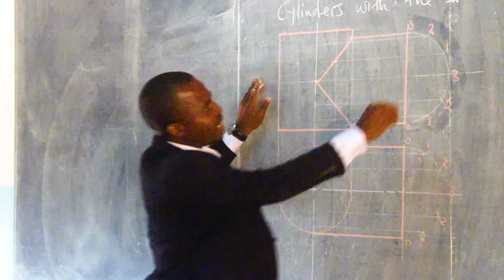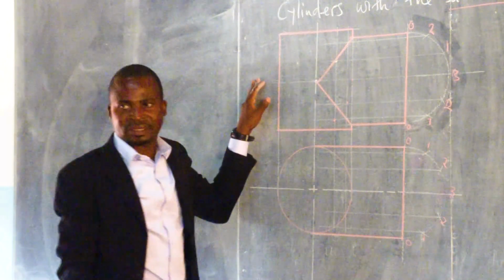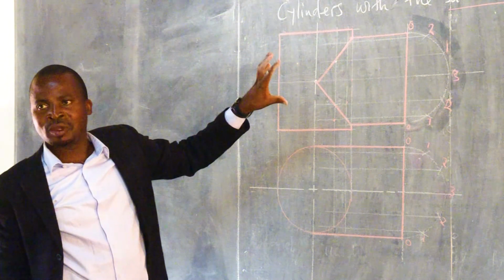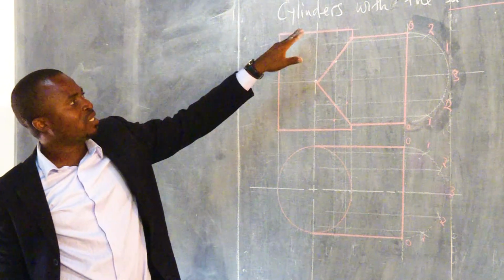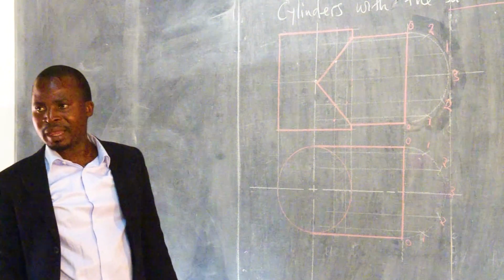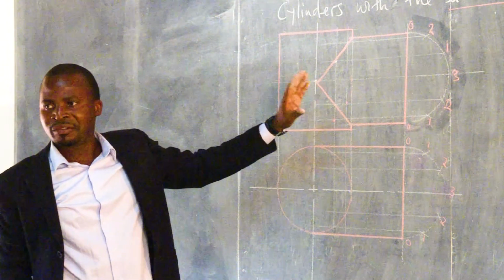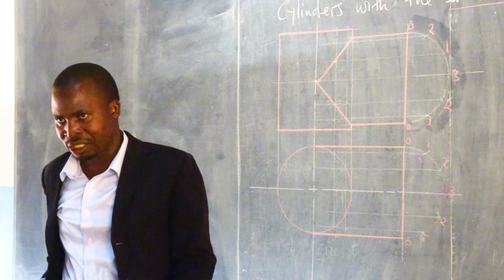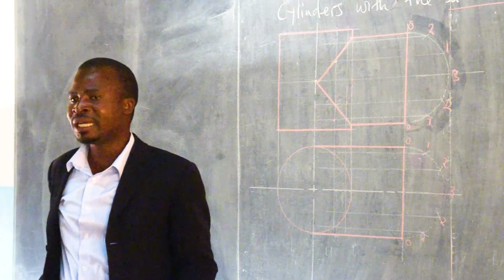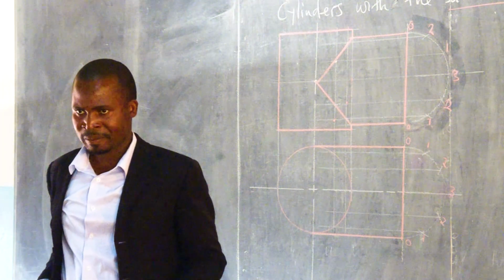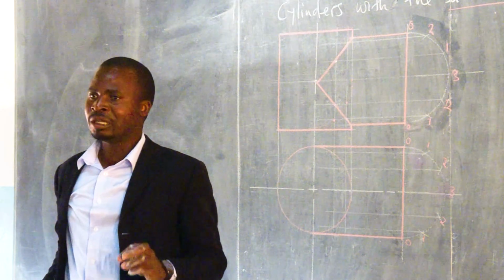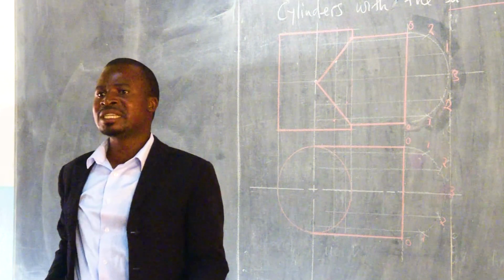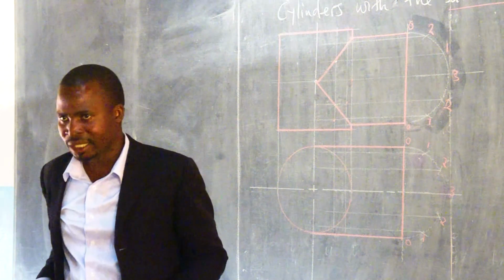Remember, these cylinders, they are of the same what? Diameter. When you are constructing interpenetration, when you've been given cylinders of different diameters, you find a cave.